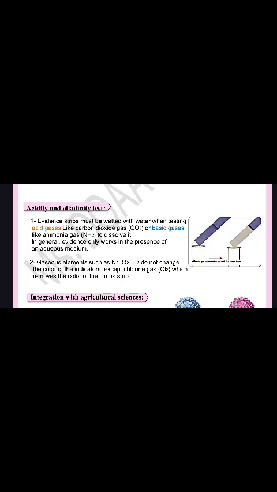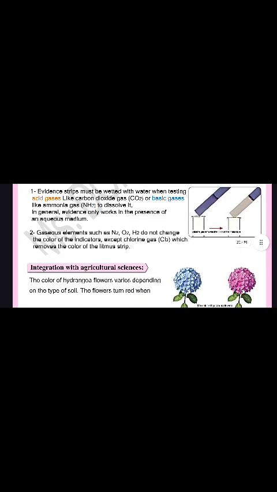Acidity and alkalinity test: indicator strips must be wetted with water when testing acidic gases like carbon dioxide or basic gases like ammonia, NH3, to dissolve them.